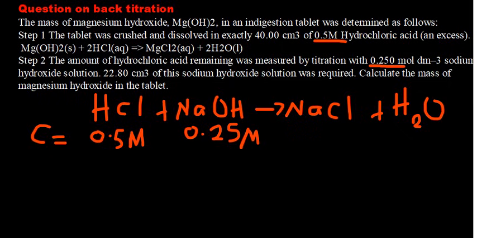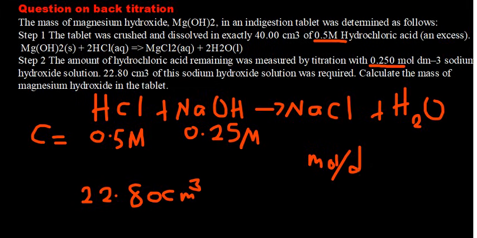So we have a volume of 22.8 cubic centimeters. We know that molar concentration is the same as moles per decimeter cubed, so we need to work with the same units.